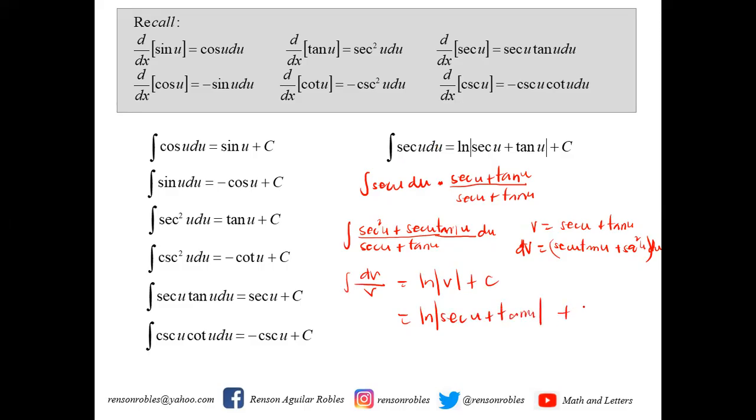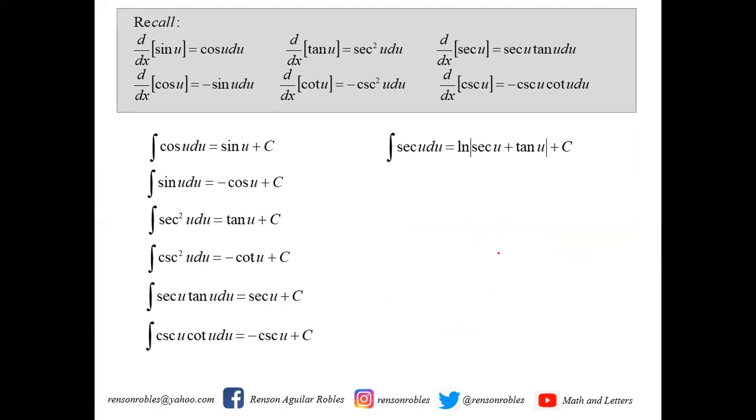By applying the same procedure, you can verify that the integral of cosecant u du is ln of cosecant u minus cotangent of u plus c. Similarly, the integral of tangent u du is equal to ln of secant u plus c.